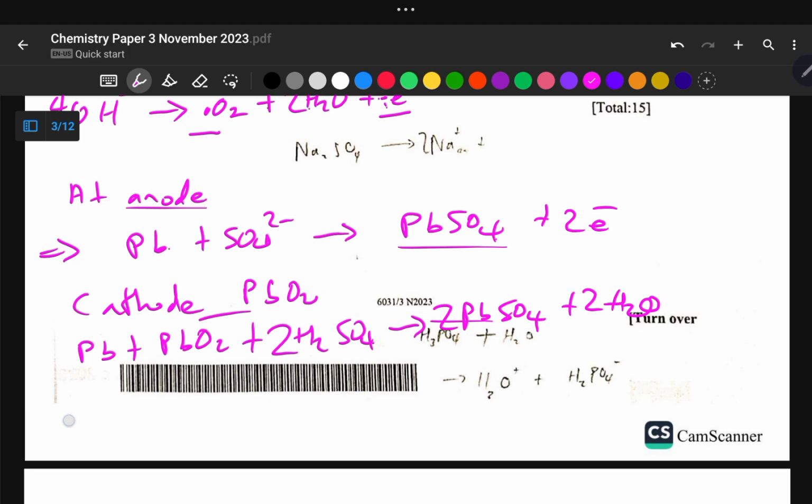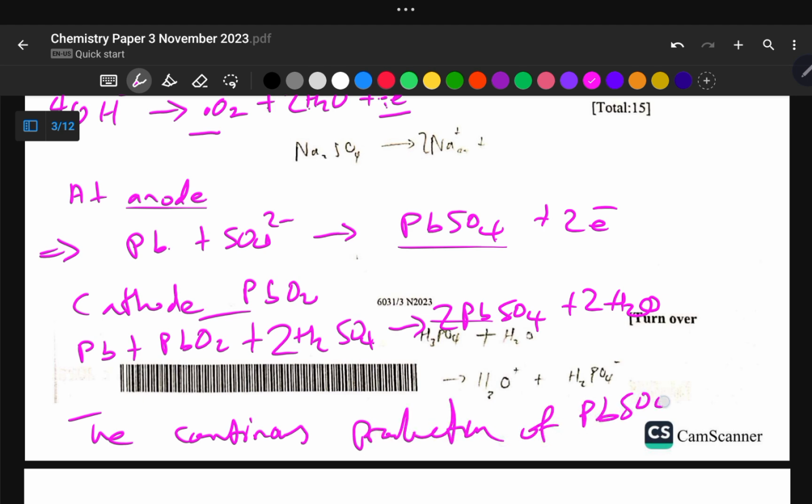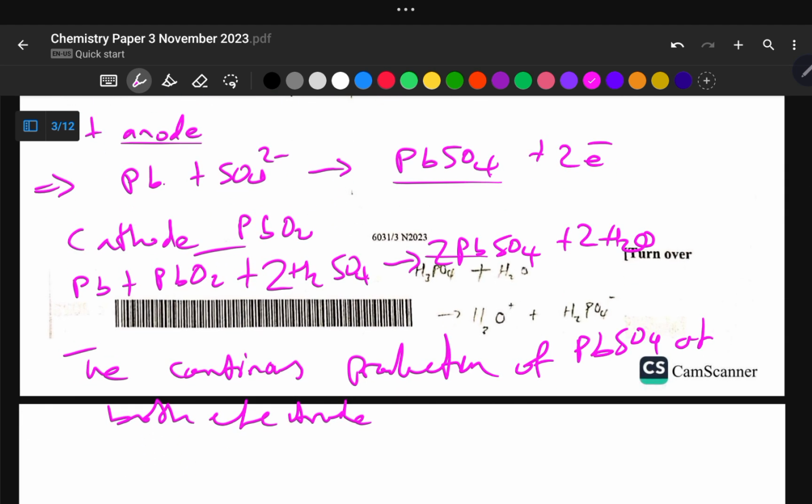The formation of lead(II) sulfate, which is insoluble, will reduce the effectiveness of the battery. So the continuous production of lead(II) sulfate at both electrodes will reduce the effectiveness of the battery.